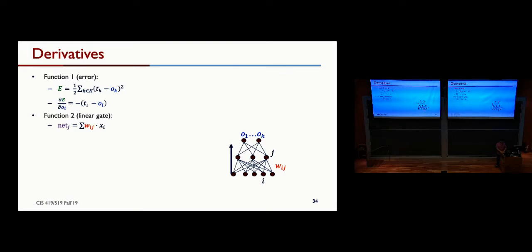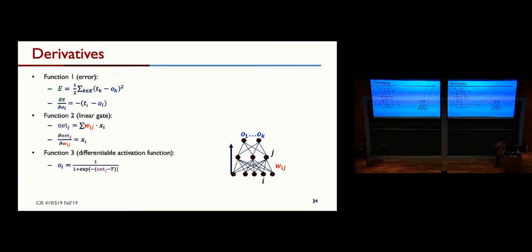So what is the gradient of net j with respect to wij? xi, right? Because it doesn't depend on any of the other inputs or weights in that sum.